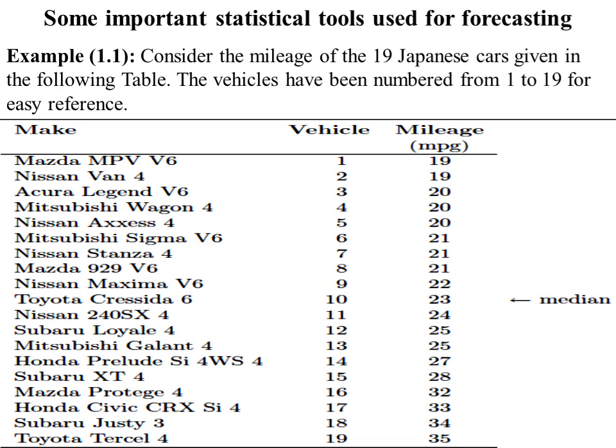Firstly, but don't forget to order the data from the least number to the highest number. After ordering them, we will find the median, which is the 10th place, and it is equal to 23.